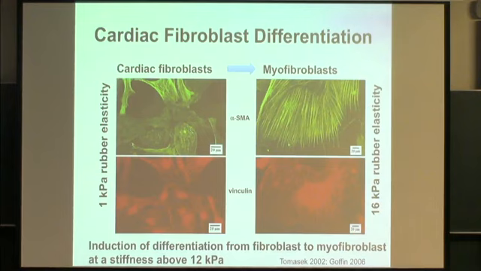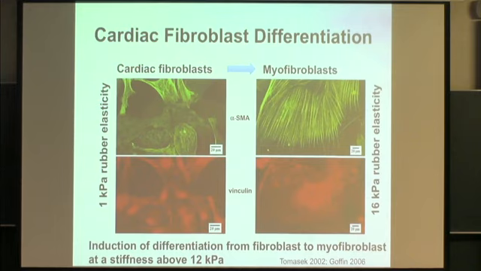If you take the same cells and you plate them on a more rigid rubber, here we used 16 kilopascal, then one single cell is this whole beast. You see that the smooth muscle actin forms huge, thick bundles, and also the adhesion structures are extremely large.